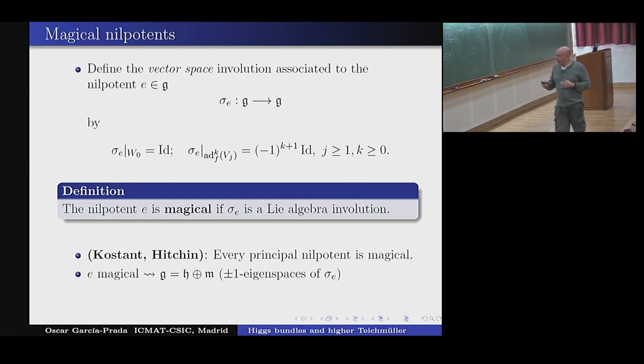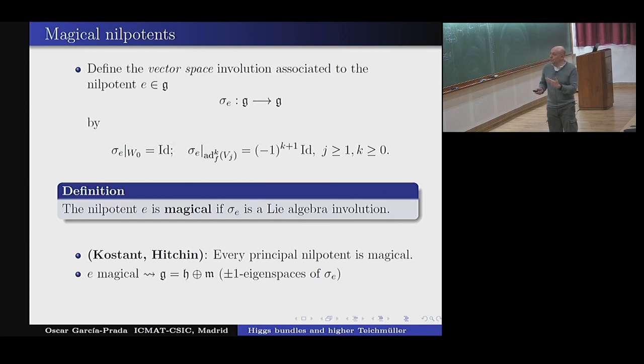And so the fact is that if E is magical, then because sigma E is a complex involution, you can take the +1 eigenspace, which is H, and then the -1 eigenspace, which is M. And this is the complexified Cartan involution. As I was saying yesterday, Cartan knew about Higgs bundles, and in the Higgs bundle picture you see the description of real forms in terms of holomorphic involutions, right?